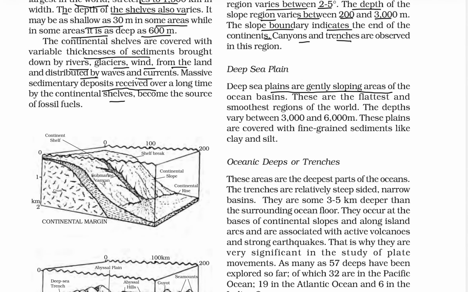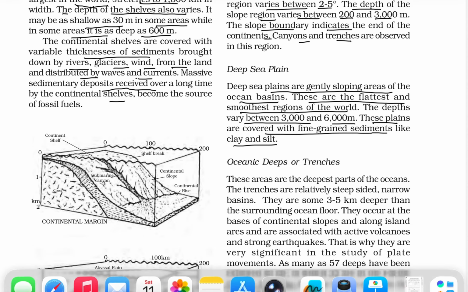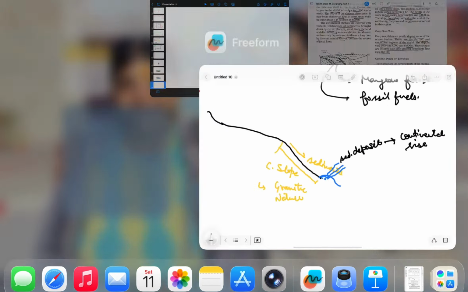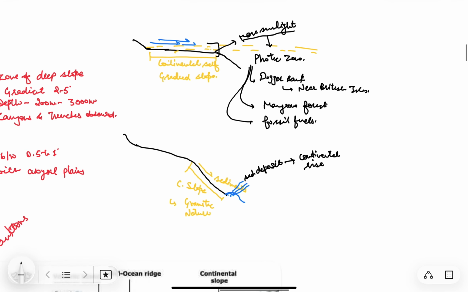Next we have the deep sea plains. Deep sea plains are gently sloped areas of the deep basins. These are the flattest and smoothest regions in the world. The depth varies from 3,000 to 6,000 meters. These plains are covered with fine grained sediments like clay and silts.